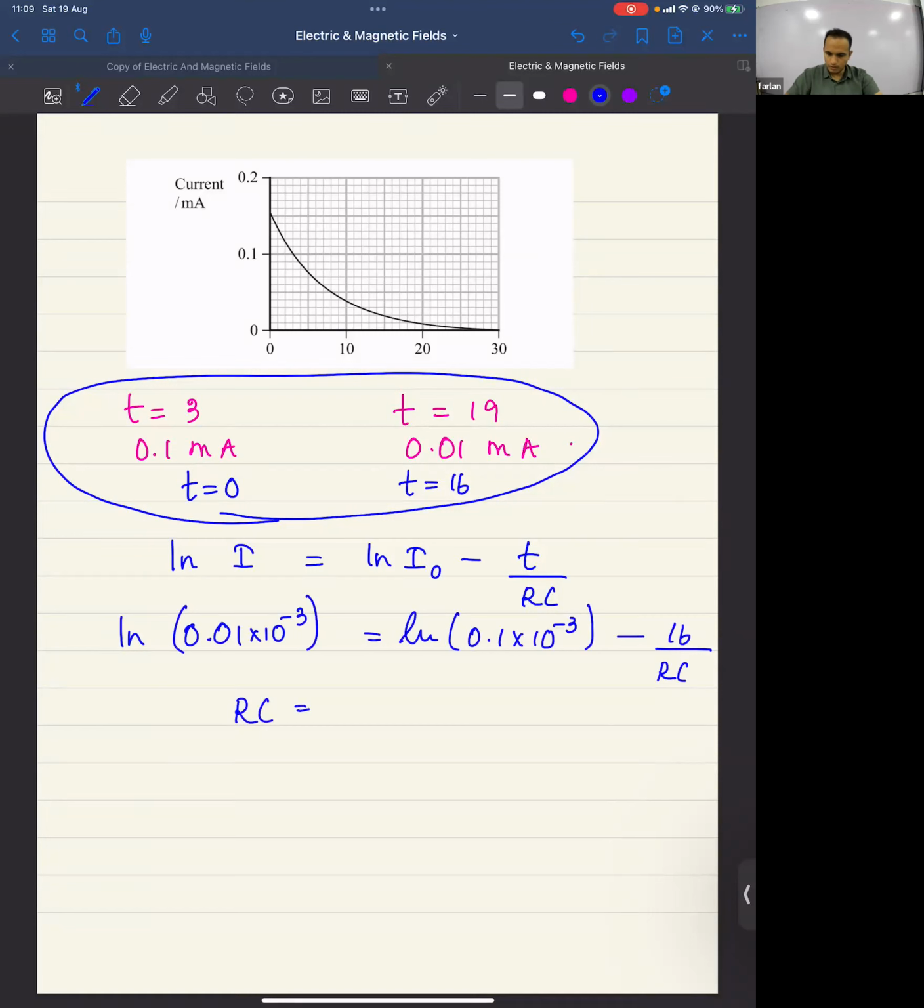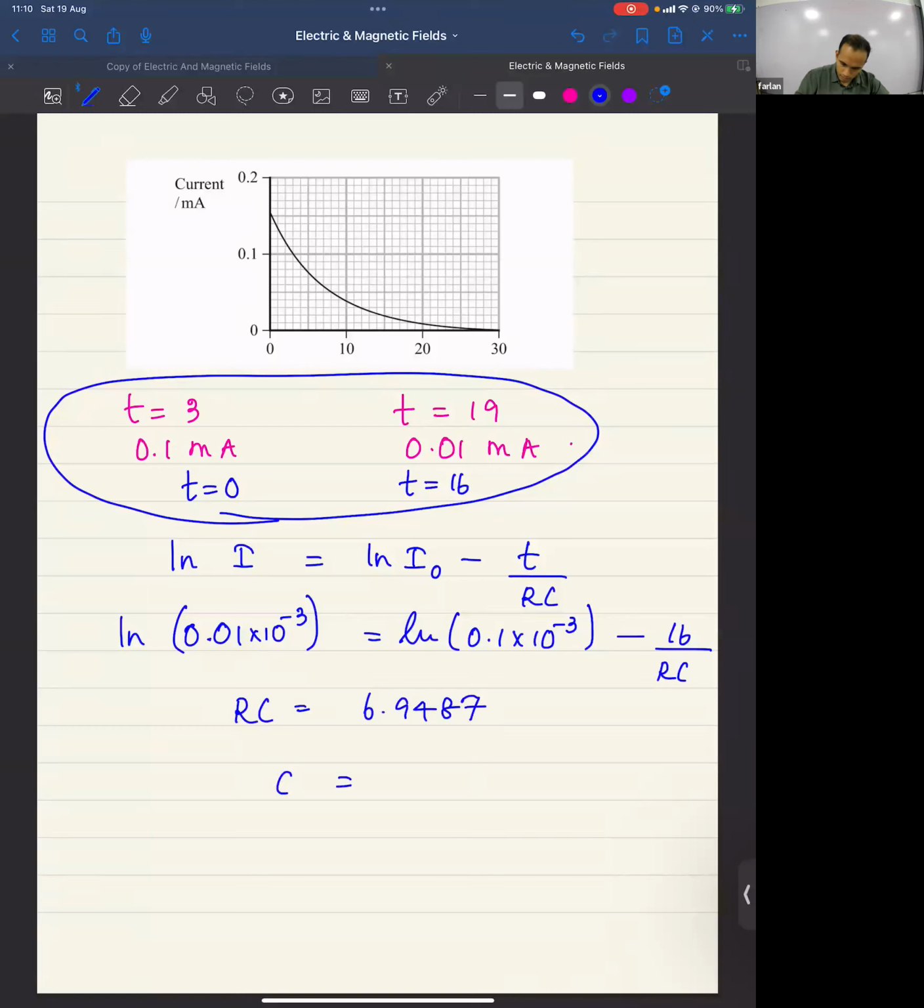If I get the RC product, it will be 6.9487.